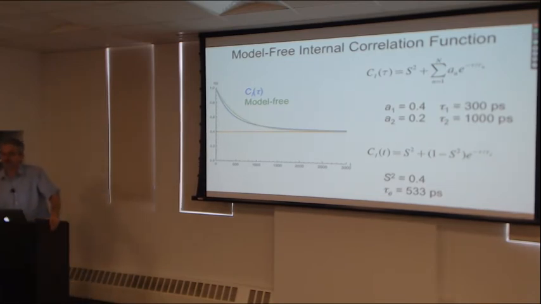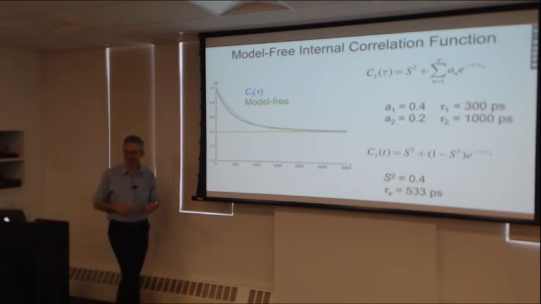And when we take the Fourier transformation, what's the relationship between the area under the autocorrelation function and the spectral density function? That's an important thing to know.